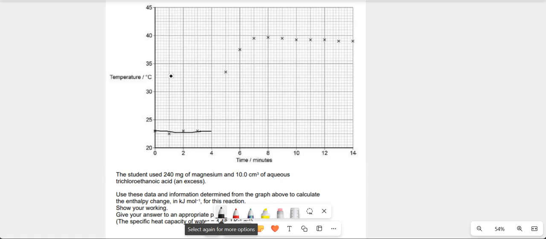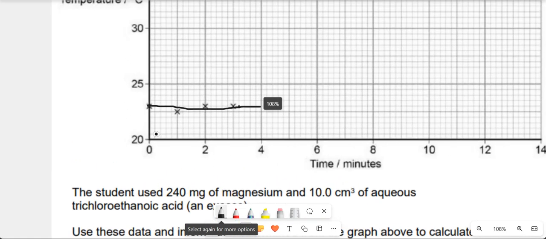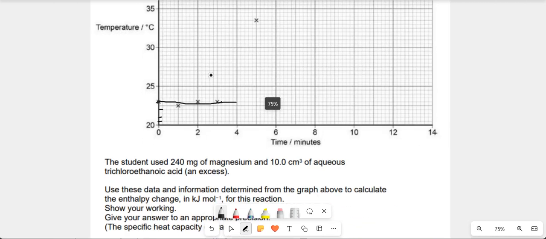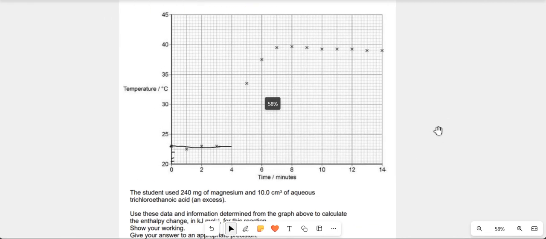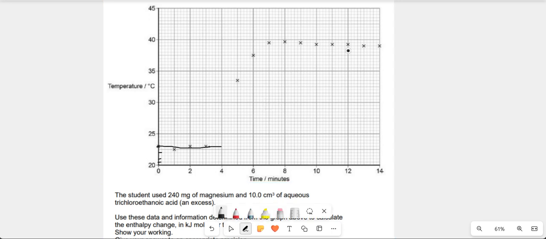So if you take each individual point here, if I zoom in a bit, that'll be 20.5, that's 21, that's 22, and this one will be 23. And this one up here, 20.5, 21, around that value.